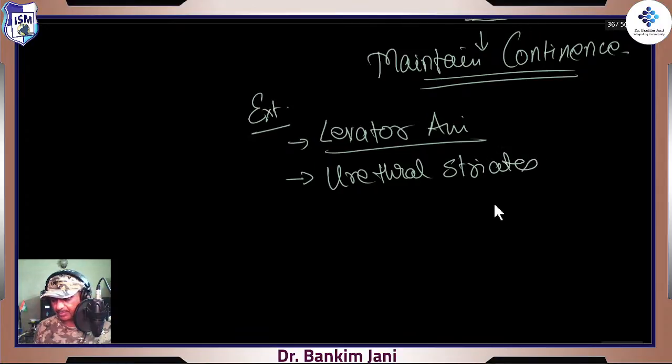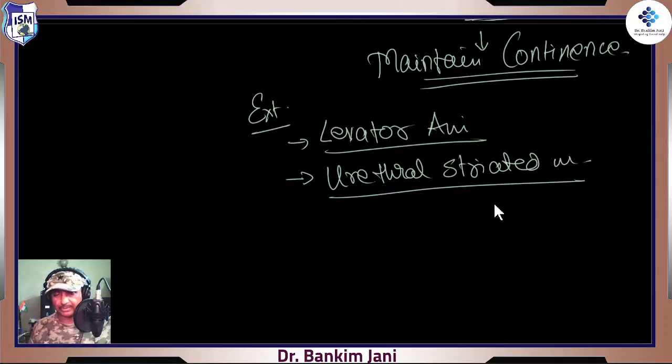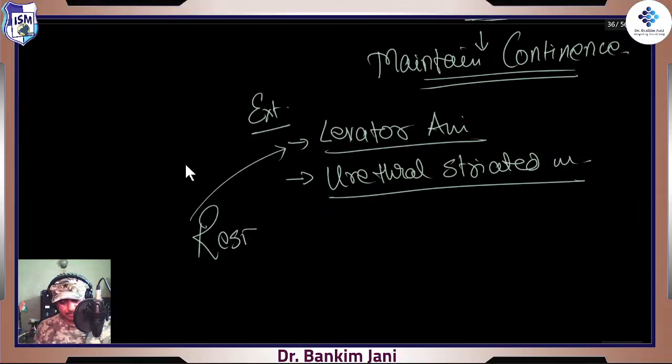Striated means they are under voluntary control, and all of them are meant for sustained contraction. But over here, the levator ani has one very important function, and that is it resists raised intra-abdominal pressure surge.